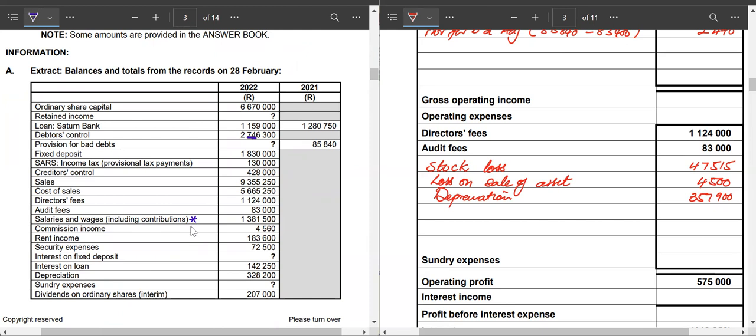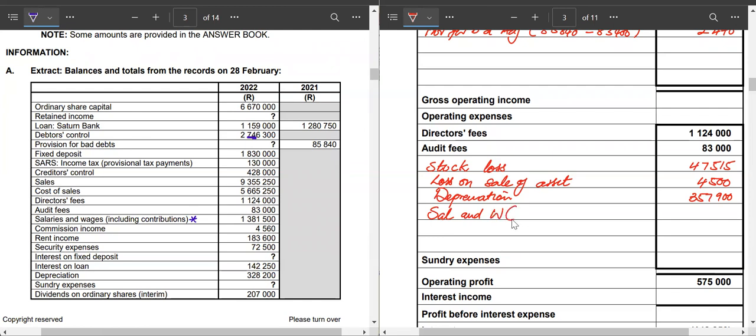Very important that when you do your adjustments in the statement of comprehensive income, please see whether the examiner wants you to include the contributions in the salaries and wages, or they are to be recorded separately. In this case, they were to be included. So we'll come here, then we have our salaries and our wages.